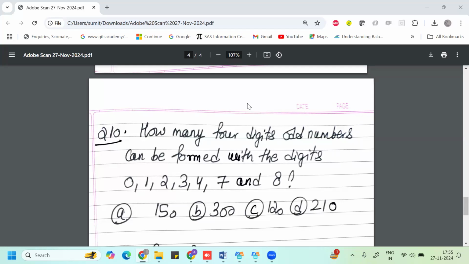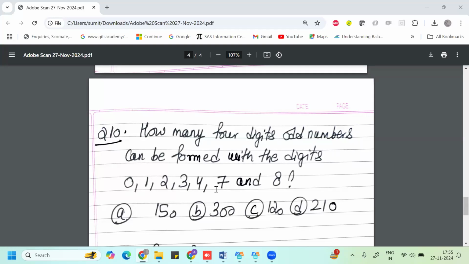In first place, any digit can come but 0 cannot, and the digit you used in the last place cannot come. Suppose you use 1. So 2, 3, 4, 7 and 8, that means any of 5 digits can come in first place, and in last place any of 3 digits can come.